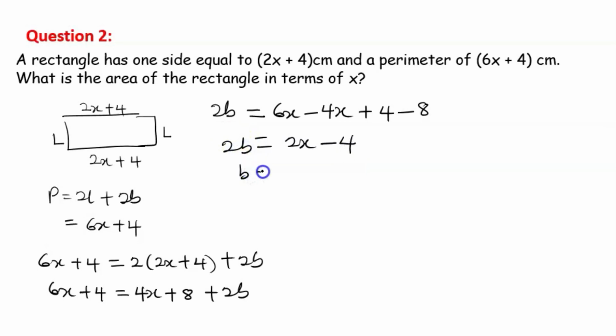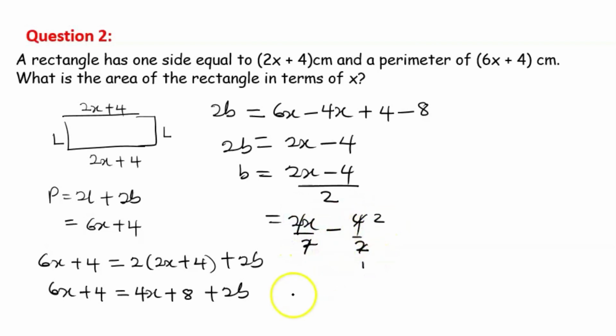To get my b, I'm going to divide both sides by 2. So I have 2x minus 4 divided by 2, which is 2x divided by 2 minus 4 divided by 2. This cancels this: 2 over 2 is 1, and 4 over 2 is 2. So my b is equals to x minus 2. So you see, we are able to have the other side to be x minus 2.